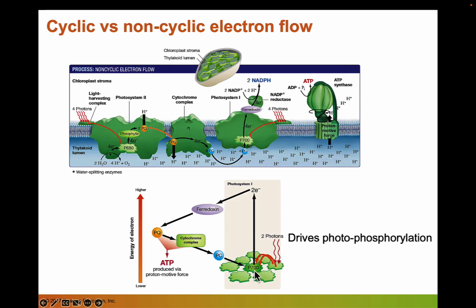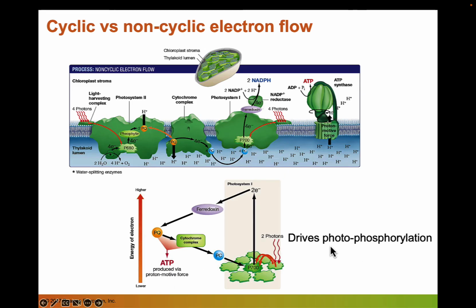But we also know now of a new connection where instead of reducing NADP+ in photosystem 1, that excited electron will actually be transferred to ferredoxin, but instead of going to the NADP+ reductase, it'll transfer back to PQ, which will then transfer its electron to the cytochrome complex to generate a proton gradient to be used to make ATP.